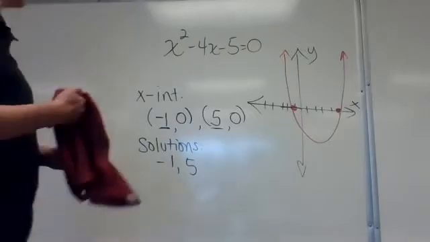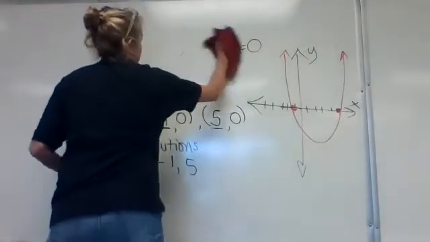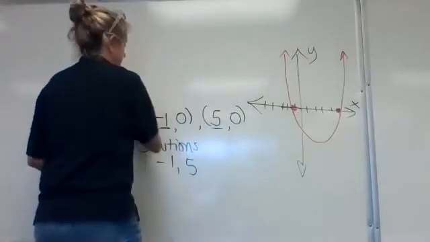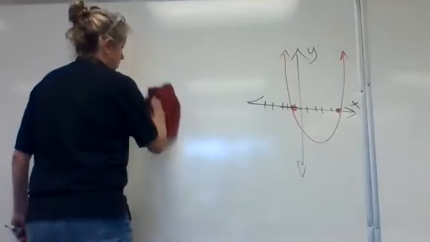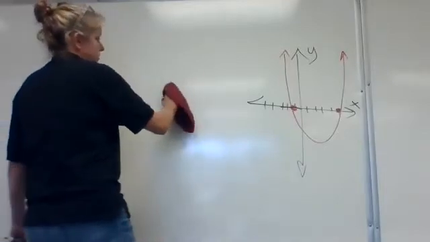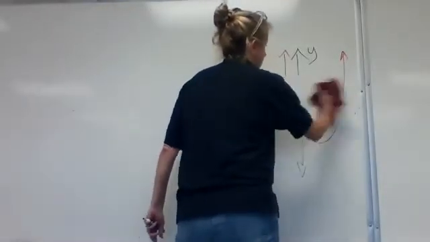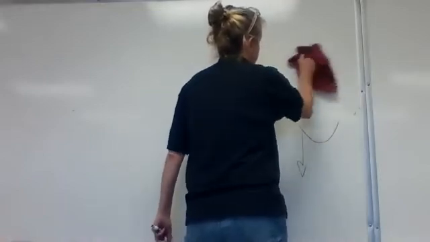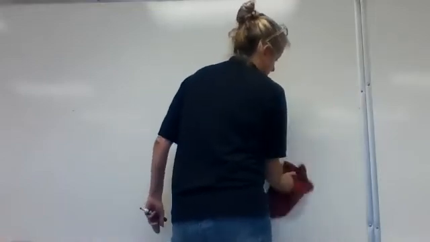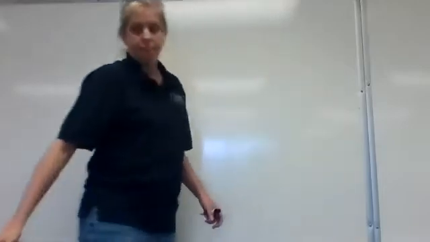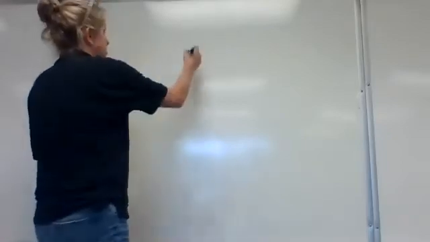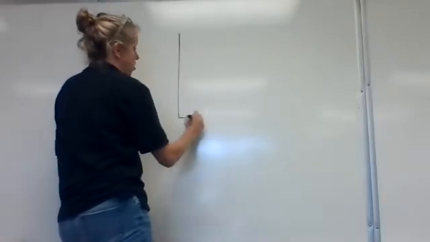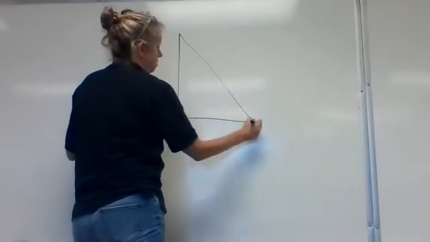All right, number 8 and number 9. Number 8 and number 9 are both dealing with right triangles, and you'll see once you draw out what the paragraph is talking about.